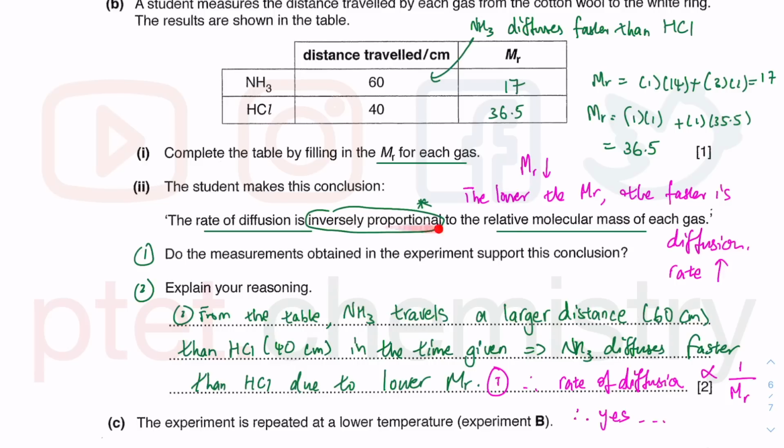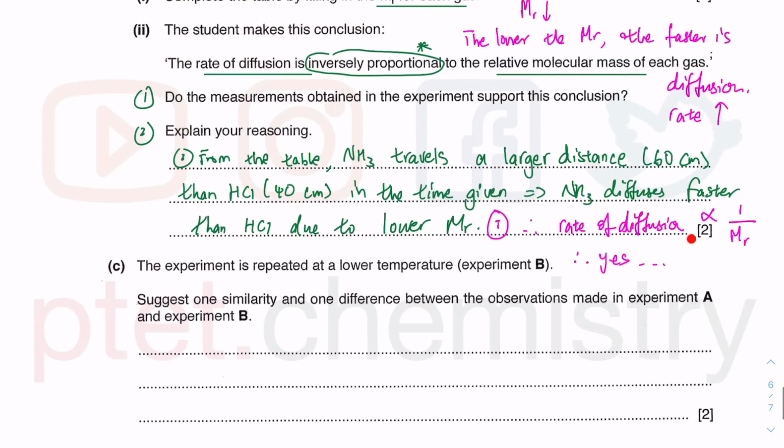It does support the conclusions based on these explanations, based on this data here. We talk about inversely proportional when we talk about pressure being inversely proportional to the volume of gas. This is Boyle's law. It's a term you will have come across in physics as well as mathematics. This is inversely proportional, 1 over something. So yes, it does support that conclusion.